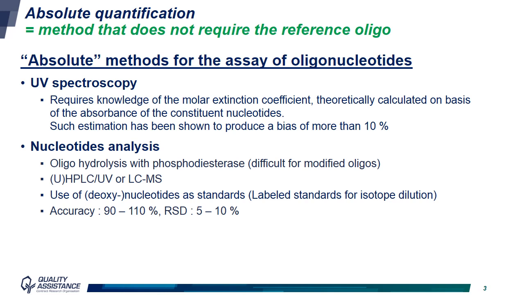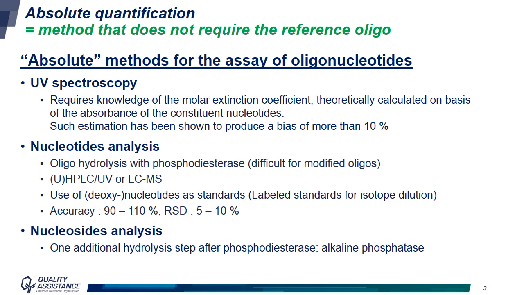Such determination has an accuracy of 90 to 110% with an RSD of 5 to 10%. With an additional hydrolysis step using an alkaline phosphatase, one can conduct a similar analysis with nucleosides.